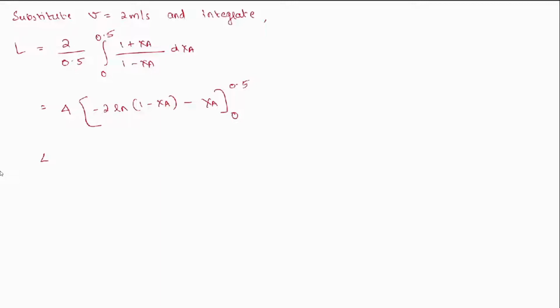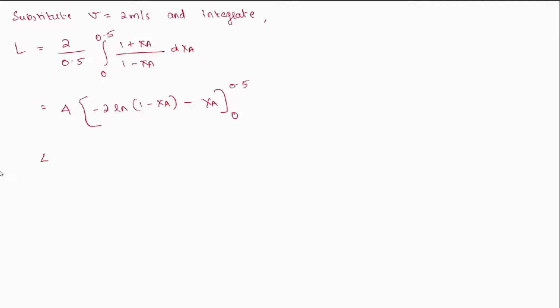Or there is another method of doing this as well, like the standard textbooks usually try to make both the numerator and denominator the same by some mathematical manipulations. So what we'll try to do is add and subtract XA to the numerator. So the numerator will become 1 plus XA plus XA minus XA, and we'll then split this term. One of the terms will become 1 minus XA by 1 minus XA, and it will get cancelled, and the remaining term will be 2XA by 1 minus XA.